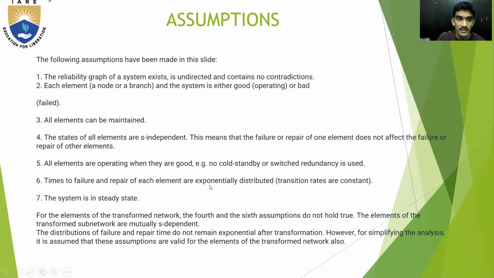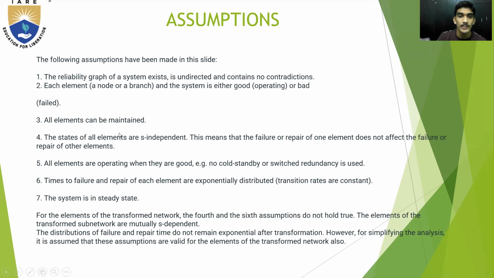Next is assumptions. The following assumptions have been made in this slide. The reliability graph of the system exists, is undirected and contains no contradictions. Each element, a node or a branch, and the system is either good, operating, or bad, that means failed.